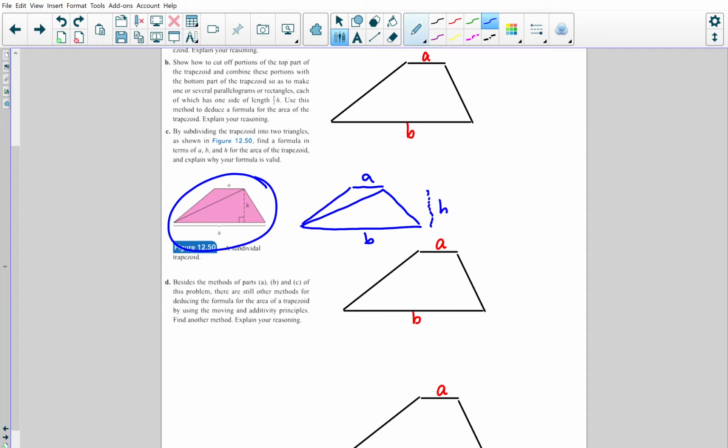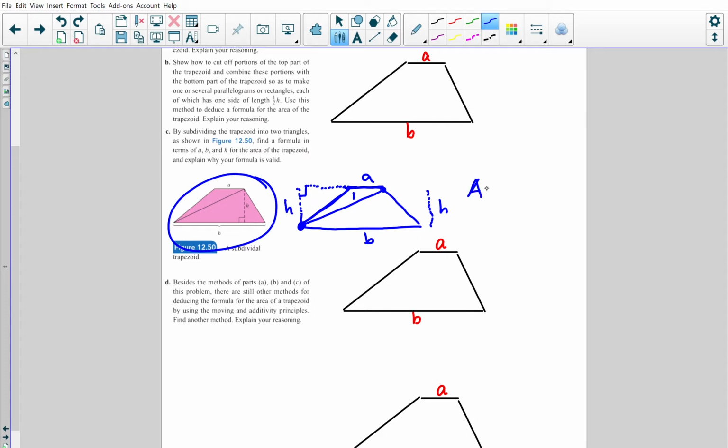If you remember how to find the height, which we practiced on Tuesday, for the triangle with base A, we'd extend that base, go to the opposite vertex, and drop a perpendicular to that base, and we can see that triangle 1 has height h as well.